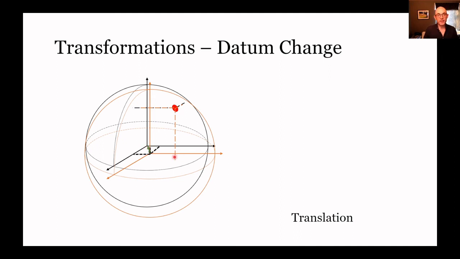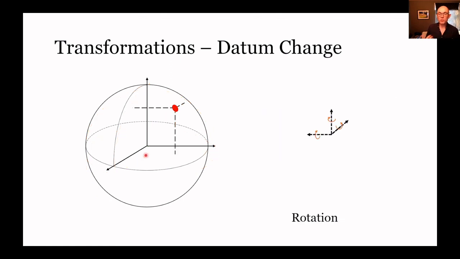In our old system, the one we already know we exist in, how far away is this new center point? How far away is the center of the Earth, using this x, y, and z coordinate? So we define that translation. Start from here, where you know you are, move that much over, and that's the new center of the Earth for you. So we get the old system plus this movement, and that gives us the start point for the new system.